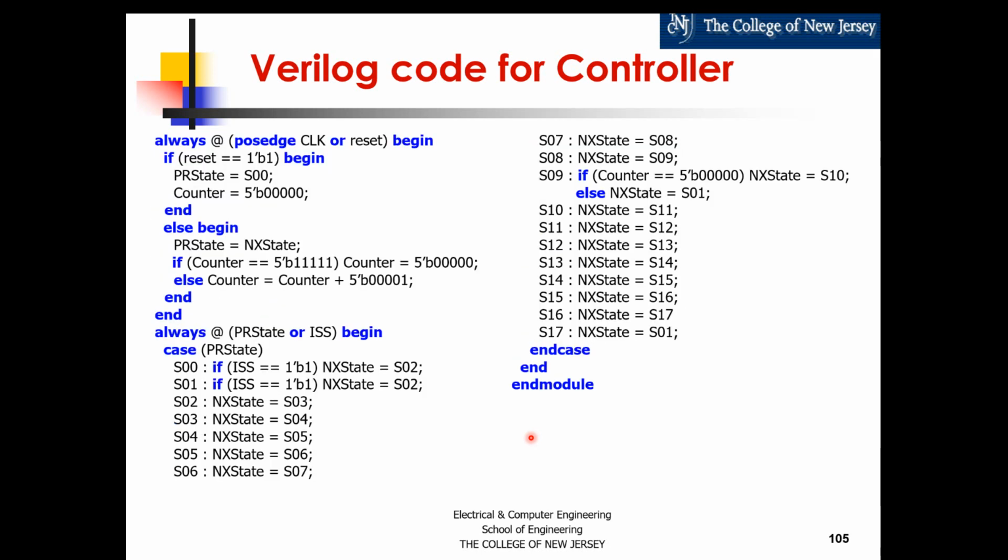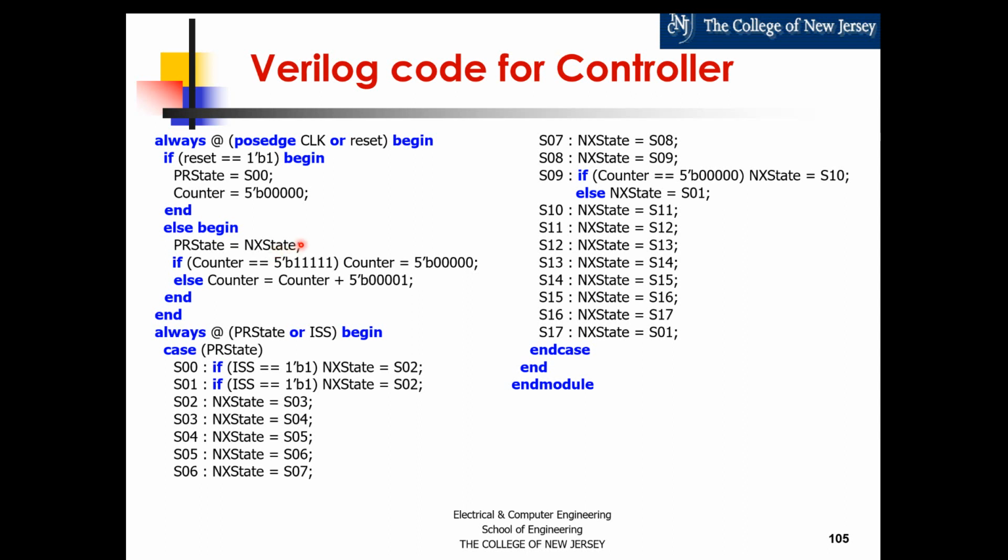The next part of the state machine is the register, the state register itself, which is very simple. On clock or reset, if the reset, I'm going to basically reset the state and reset the counter. Otherwise, the present state becomes the next state.